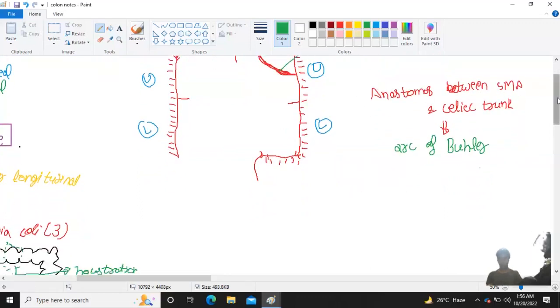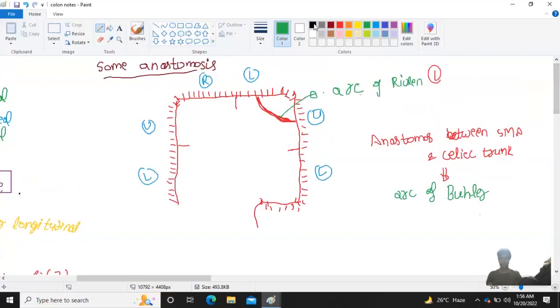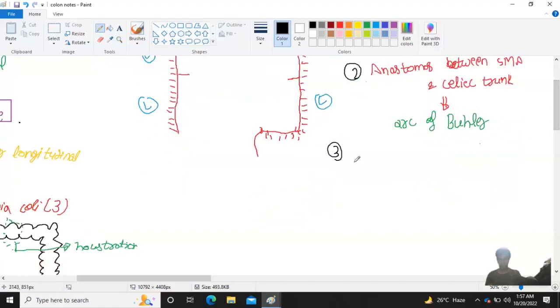This is the first anastomosis, this is second, and another is third, which is called the arch of Barkow.